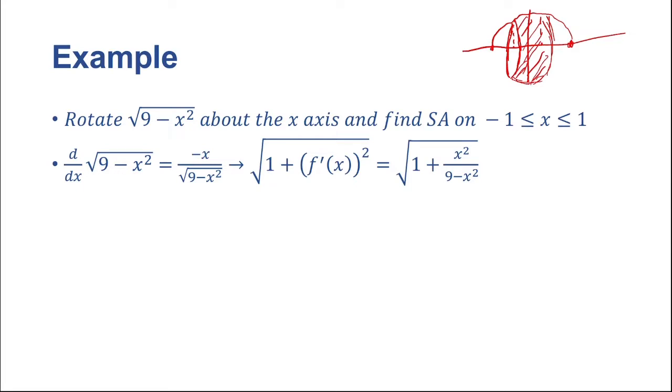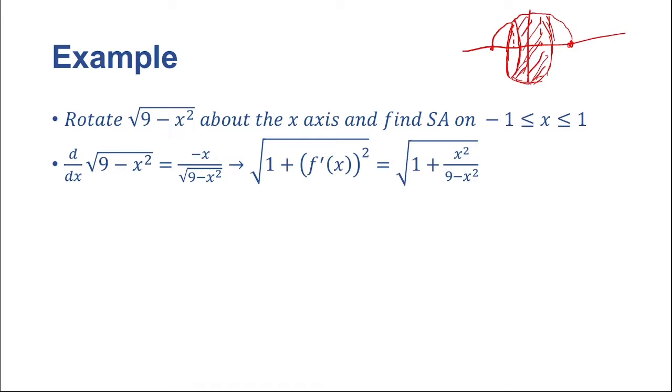So we end up getting -x over the square root of 9 minus x squared. All right, but now we want to find the square root of 1 plus f prime of x squared, because that's part of what goes inside of our integral. And that is equal to the square root of 1 plus x squared over 9 minus x squared.